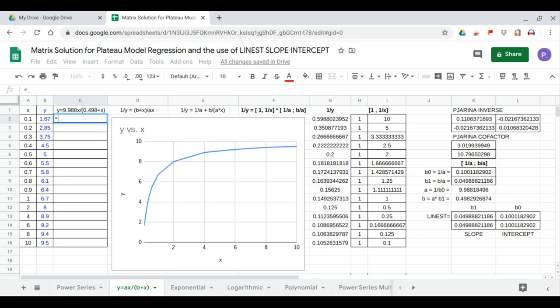So this is equal to A times X all over B plus X. And we lock the references.